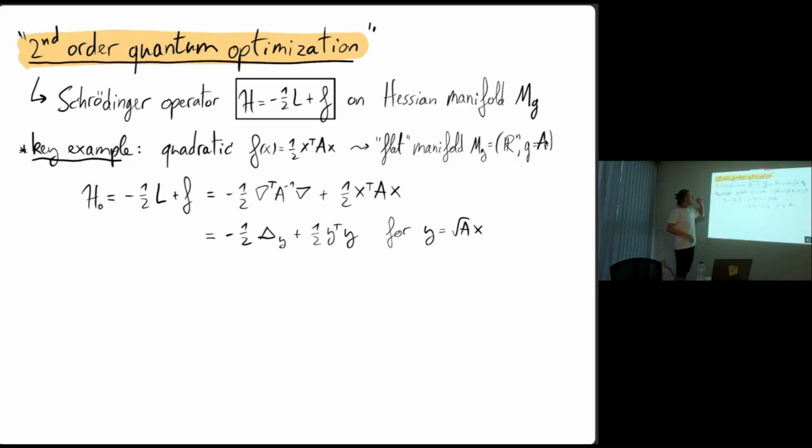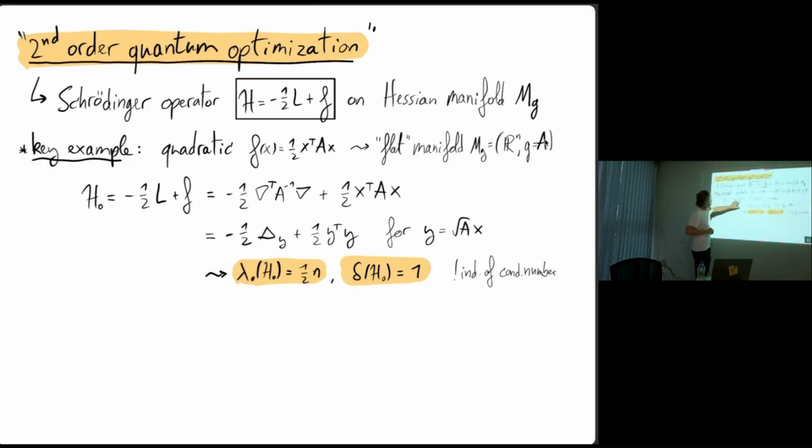The quadratic case in the second order setting gives you the normal quantum harmonic oscillator, and you contrast that with the Euclidean setting, where you get this potentially ill-conditioned harmonic oscillator. So the conclusion is that if I replace my Laplacian by this Laplace-Beltrami operator, then all of a sudden my spectral gap is just one, a constant, independent of the Hessian of f, independent of the coordinates, and then there's this energy, 100 times n.